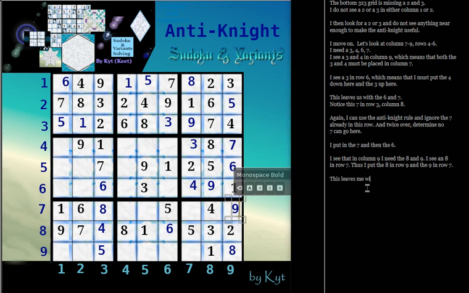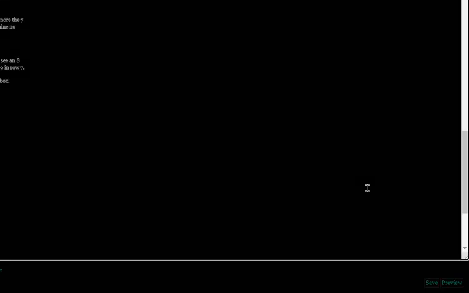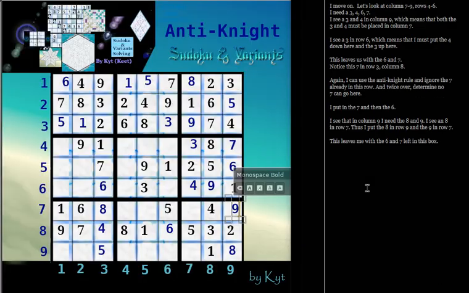This leaves me with the 6 and 7 left in this box, and this 3x3 grid in the bottom right corner.